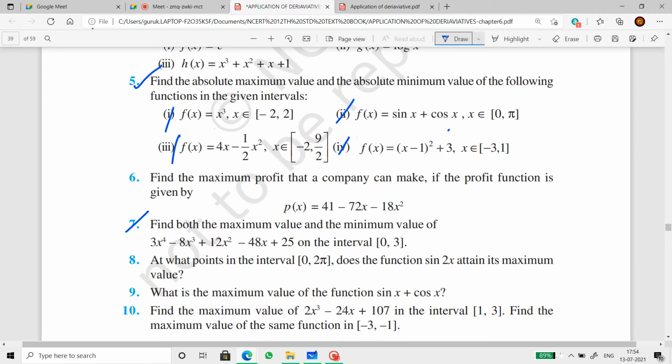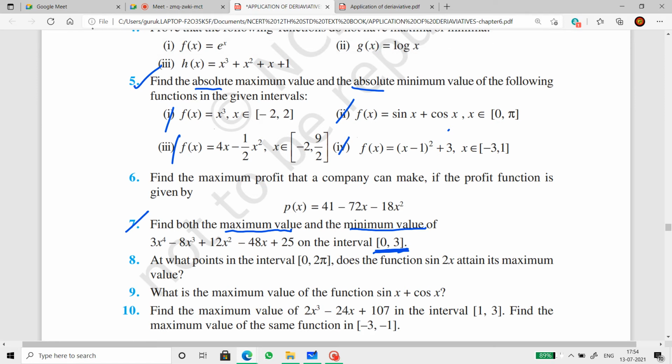Okay, taking the 7th question, look at the question. They ask to find the maximum value and minimum value, and they didn't tell us whether it's absolute or local. If you see the first question, it was clearly said it's absolute, but here they haven't told us. But look at the interval. When the interval is in closed brackets, it's always absolute. When the interval is in open brackets or no interval is given, it's always local.